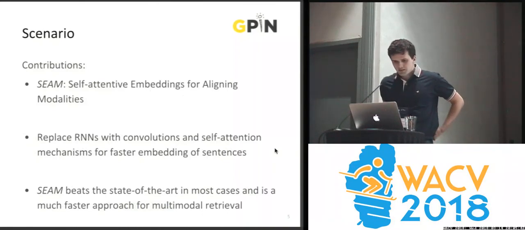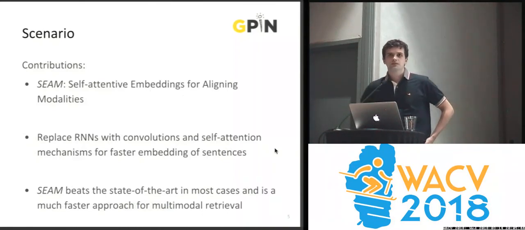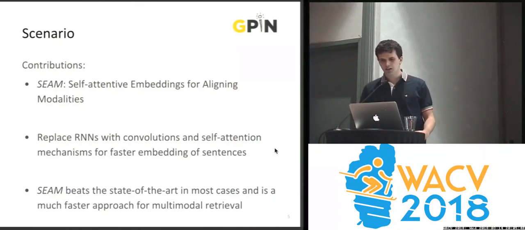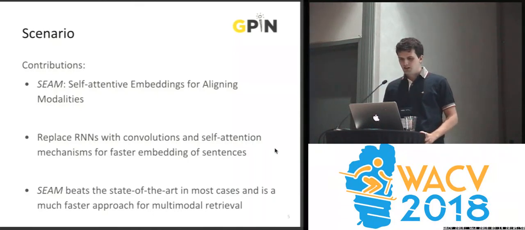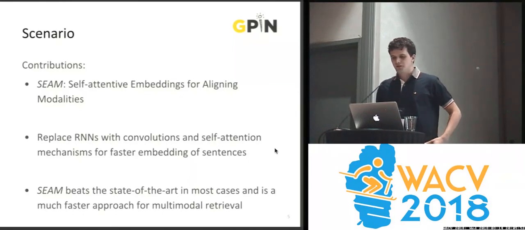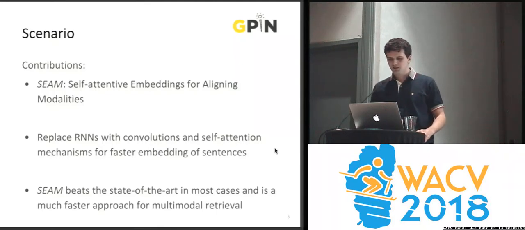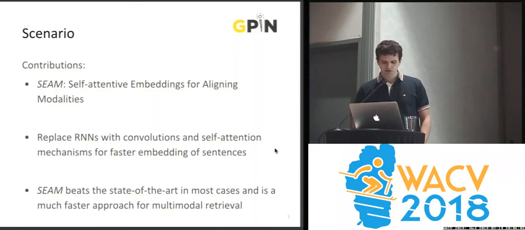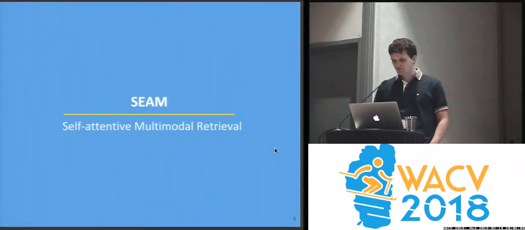Our contributions are SIM, which is 3 methods that we proposed, and self-attentive embeddings for aligning modalities. We replace RNNs with convolutions and self-attention mechanisms, and we basically beat the state of the art in most cases, and with a much, much faster approach. So let's go through them.